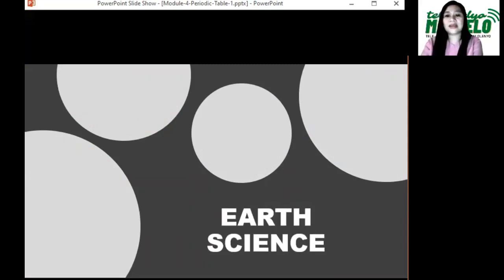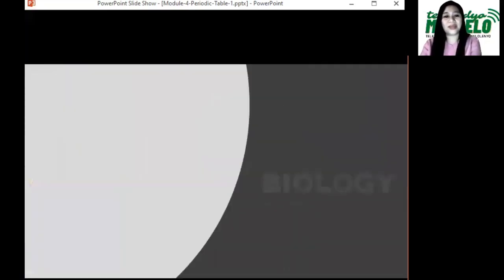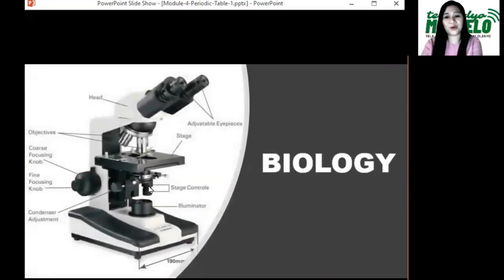Some of the tools or devices used are globe, world map, telescope, compass. How about in biology? Very good. Microscope is the common instrument used in biology.